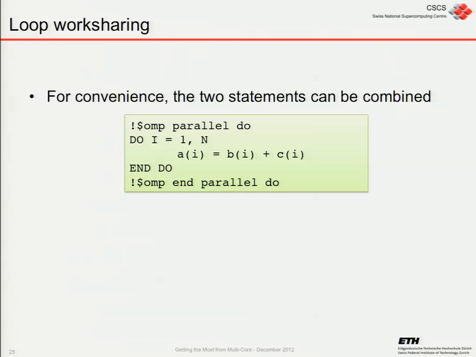Now, for convenience, the two statements can be combined, and that's what we will see from Reveal, I believe. That is correct? Yes. So this will allow you to get the parallelism that you're looking for. Unfortunately, it means that every do loop, you close down the parallel region, and if there's not enough work to do in the meantime, then that will start to introduce an overhead.